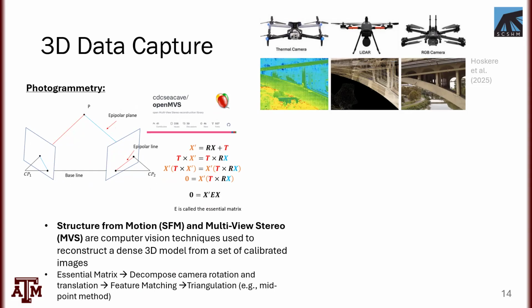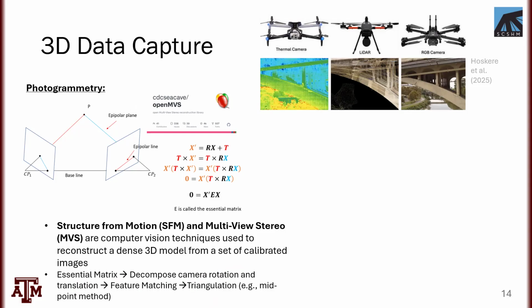So once we have a camera and we take a snapshot of an object and we move it in space, we generally identify this matrix called an essential matrix, which we decompose into camera rotation and translation. Once we do this, then between our images, we have to perform feature matching, finding features that are identical. And then we perform triangulation, which is deciphering where a point is in three-dimensional space. So that's what photogrammetry is.